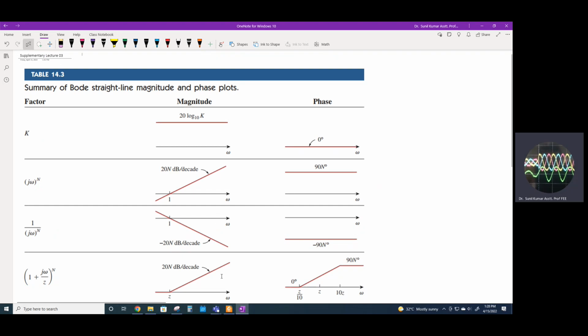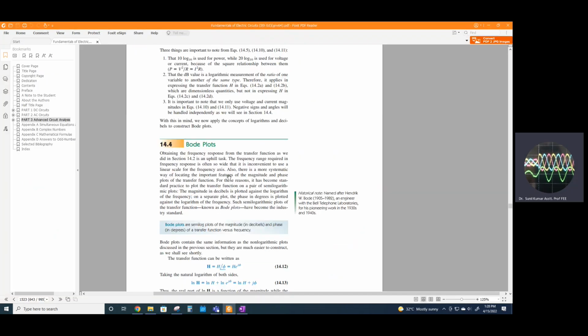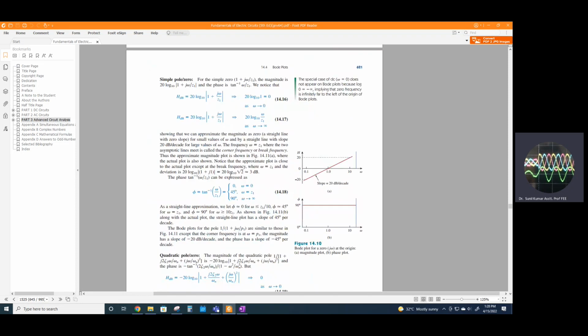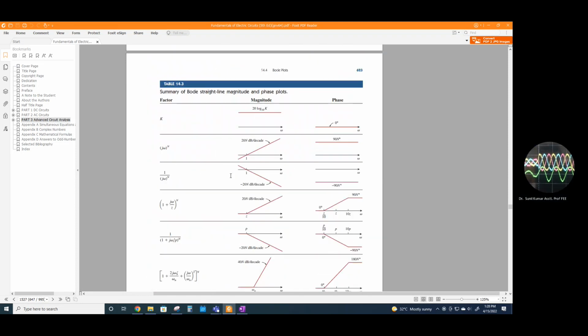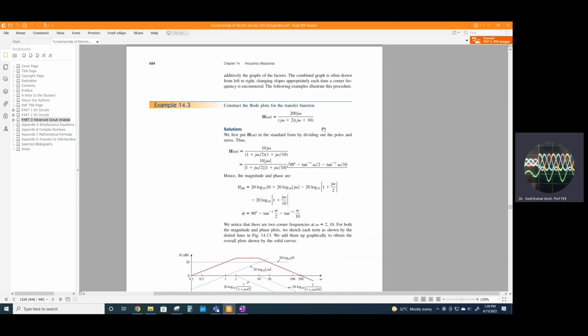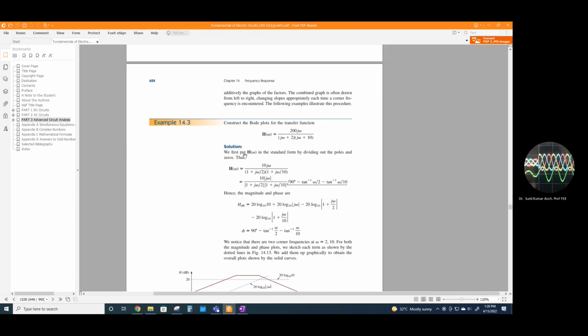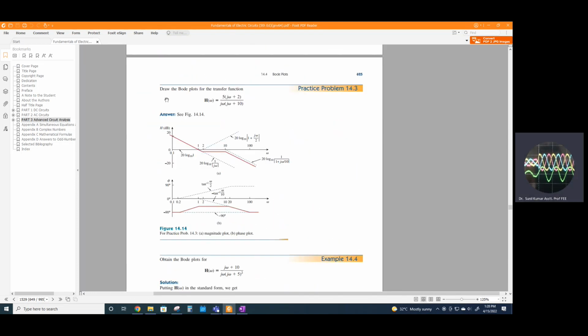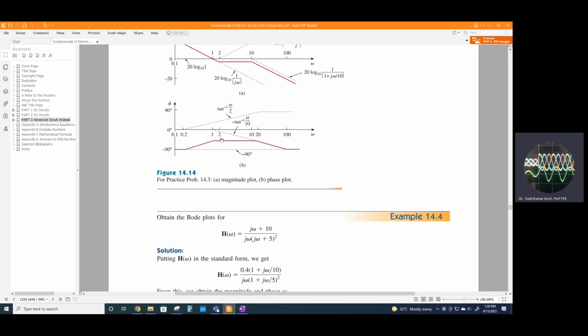So during our class lecture, we had seen example 14.3 and a practice problem 14.3.